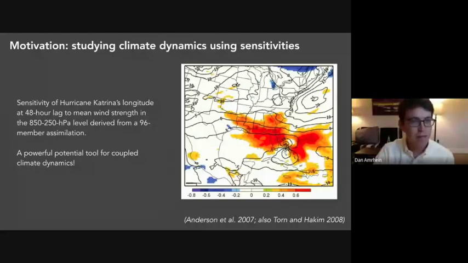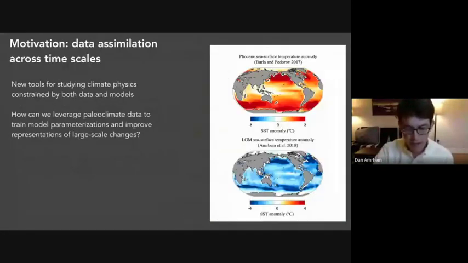And finally, and something that I'm really interested in, as we move to longer and longer climate time scales, the data only become more and more sparse. Which means that if you can hack it, data assimilation really becomes more and more important as we're going out to these longer timescales. So I'm showing here 2 reconstructions of sea surface temperatures from deep time paleoclimate, the Pliocene, and then the LGM, slightly shallower time.